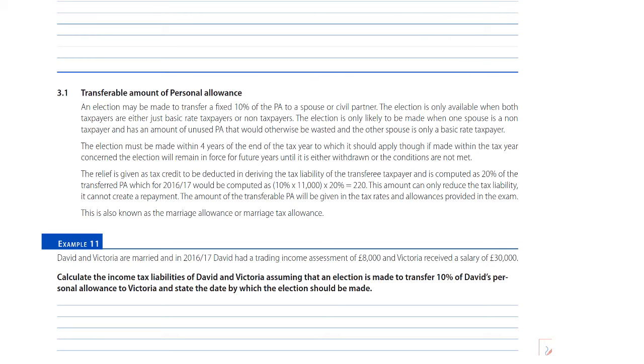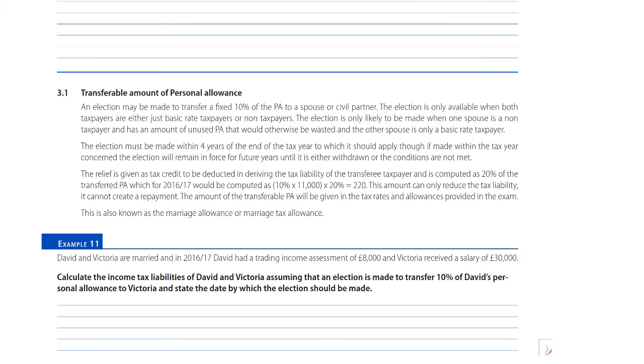But now what we're going to look at is a situation dealing with spouses, and for purposes of spouses we include here civil partners, exactly the same legislation. What may happen is that you may transfer from one spouse to the other.